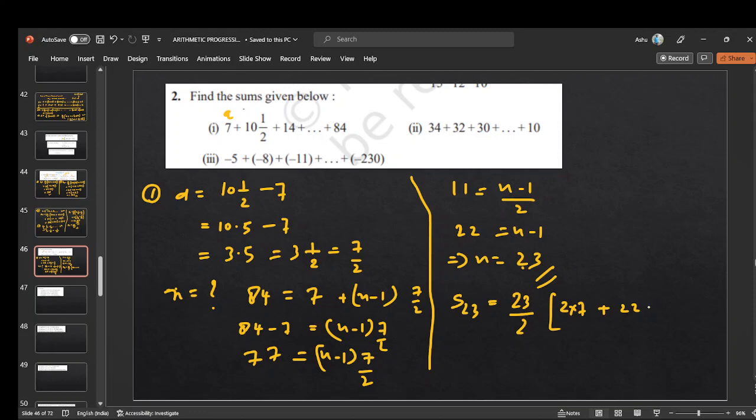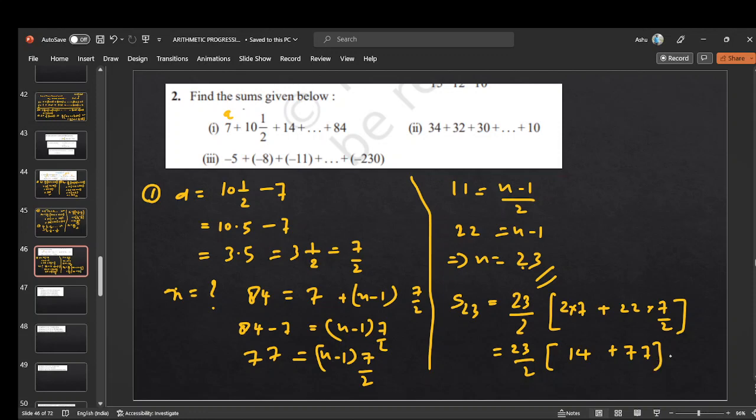D is given as 7 by 2. Clear? Now cancel out the 2. 23 by 2. Here we will get another number, 14 plus 77. Clear?